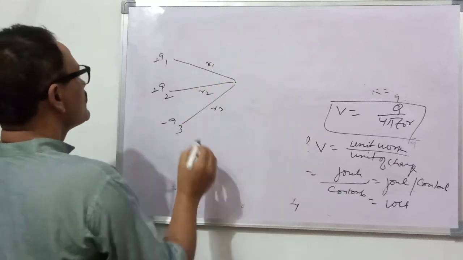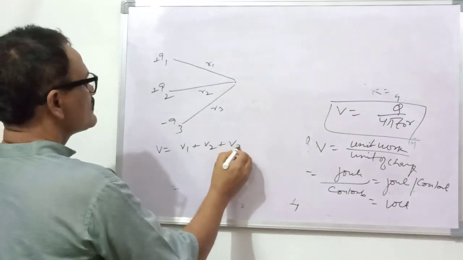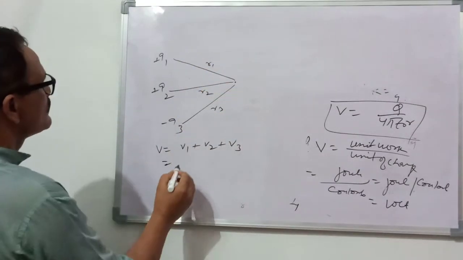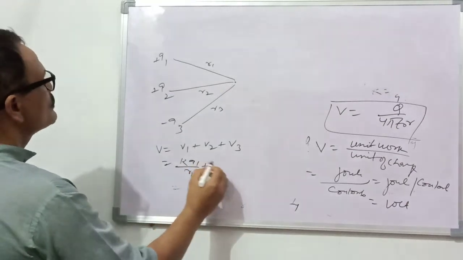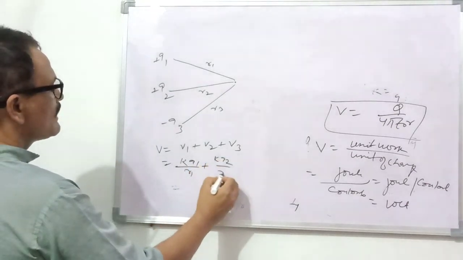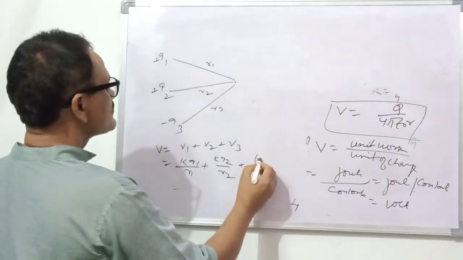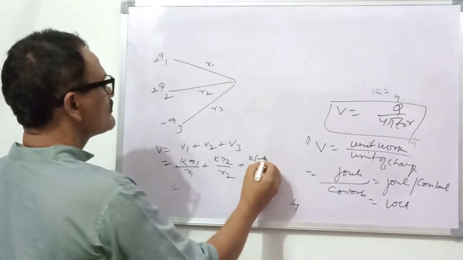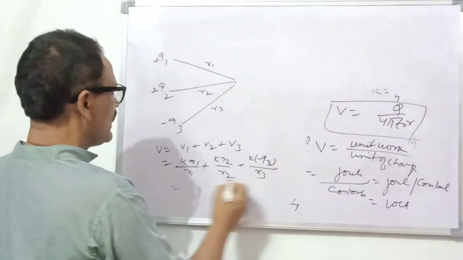So at this point, V is V1 plus V2 plus V3, where V1 is kQ1 divided by r1, V2 is kQ2 divided by r2, and V3 is minus kQ3 divided by r3.